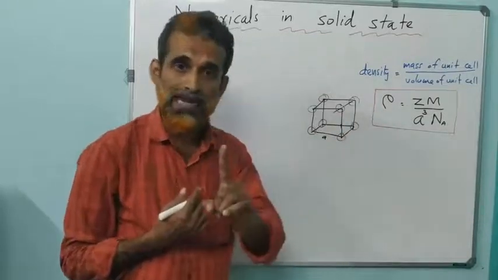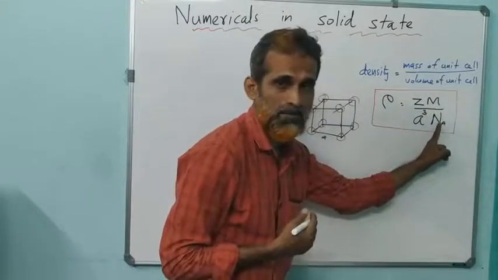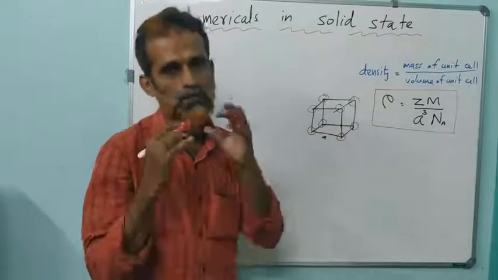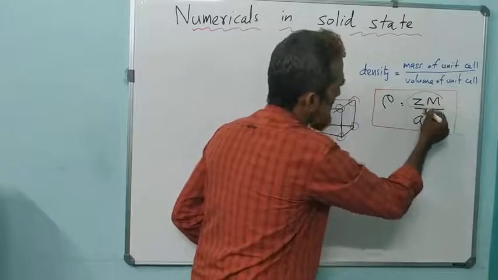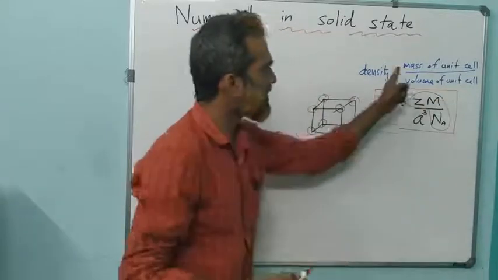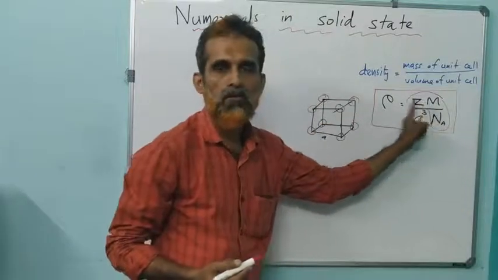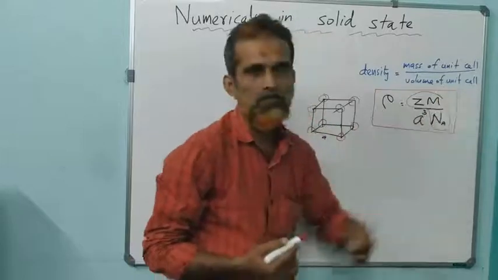So the mass of one atom is molar mass divided by Avogadro number, right? You get the mass of one sphere or one atom or one particle. So this part represents the mass of the unit cell, because mass of one atom into the number of atoms, that is the effective number of particles, divided by the volume of the unit cell.